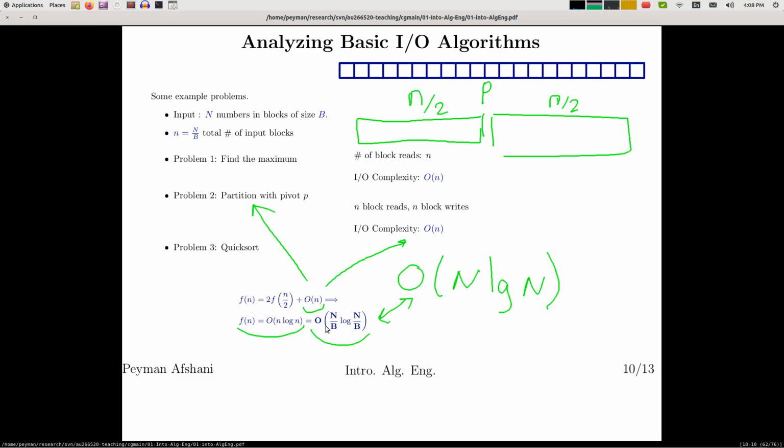This factor is at least a factor b smaller than this factor, and this factor is also slightly smaller. This means that if your block size, for example, is 4 kilobytes, let's say 4,000 integers, then you're doing 4,000 fewer block reads compared to, let's say, a naive algorithm.